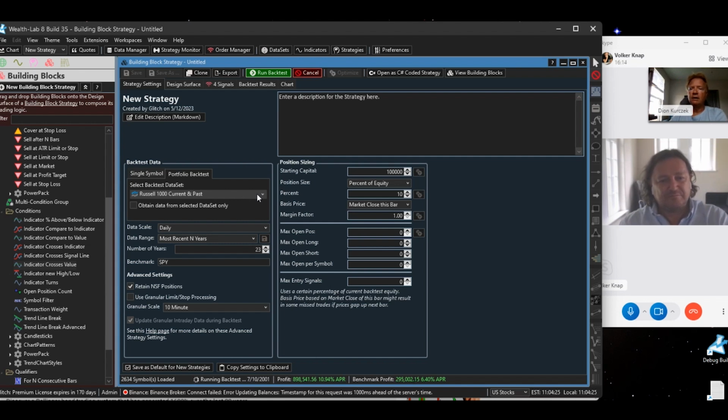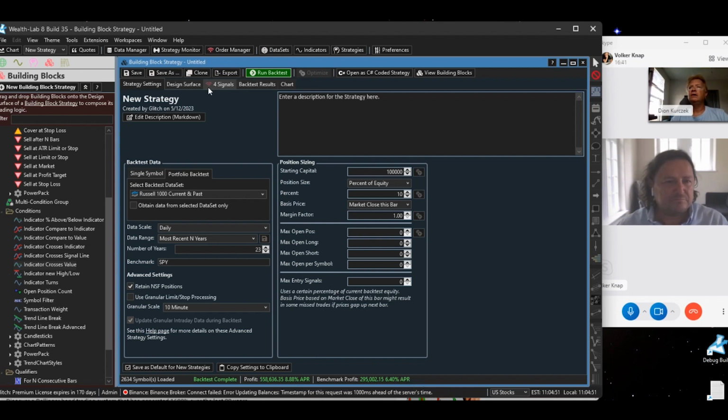So let's see how that impacts our 11% annualized return. We can see it now chugging through this history with all of these symbols. So we're down to 8.8% annualized return. The benchmark SPY is 6.4.